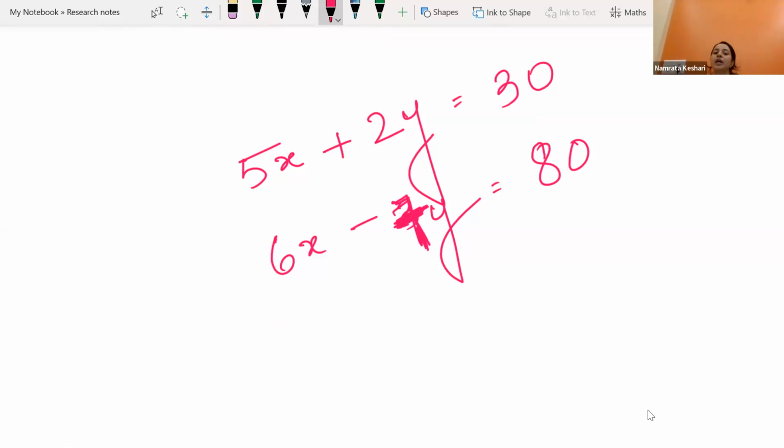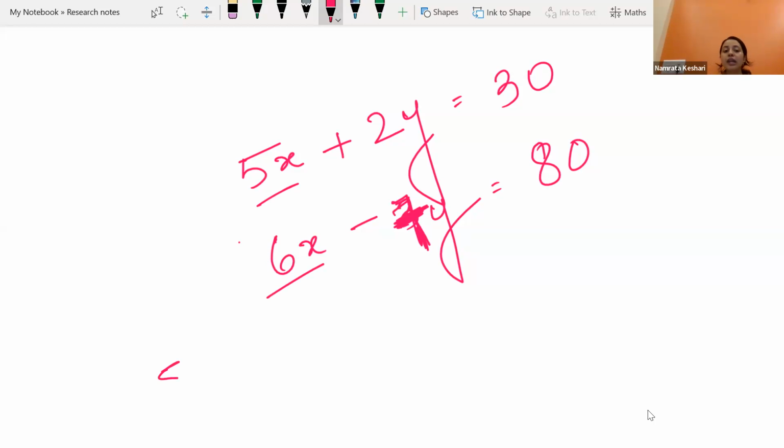First, we need to make any one of the coefficients the same. Only then can we think about eliminating x or maybe y by addition or subtraction, right? At first, we need to make one of the coefficients the same. If you make it the same, then only will you subtract or add, and it will get eliminated.